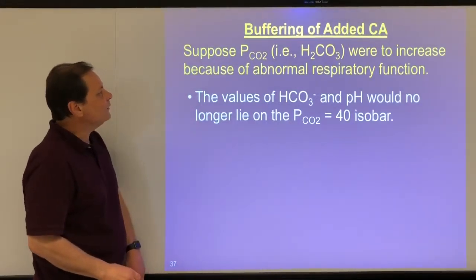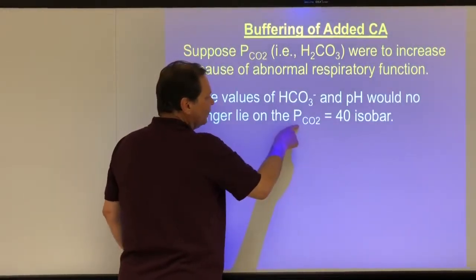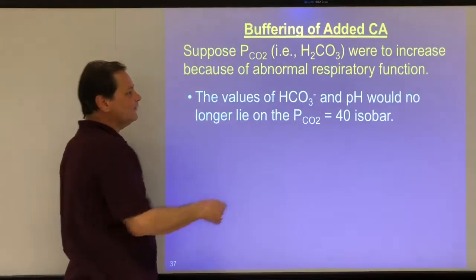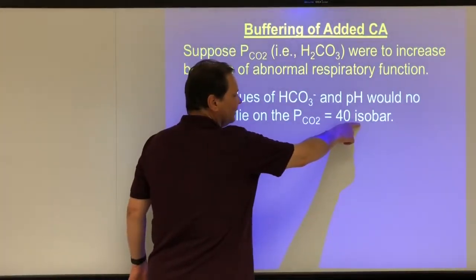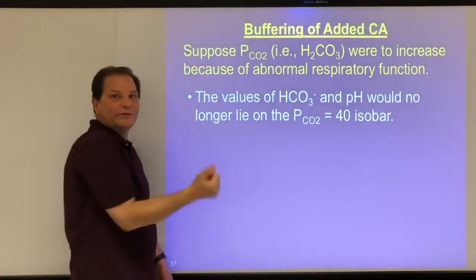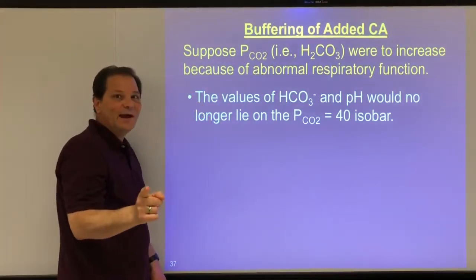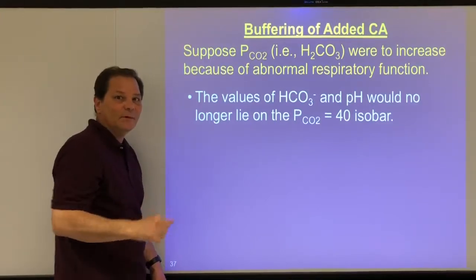The first thing you'll notice is that our carbon dioxide will no longer reside on our 40 millimeters of mercury carbon dioxide isobar because our PCO2 is going up in a respiratory acidosis. So that's the first thing that's going to happen on our Davenport diagram, all right?